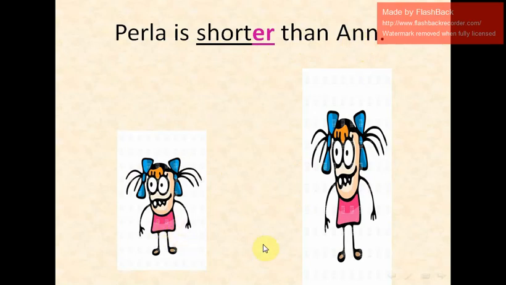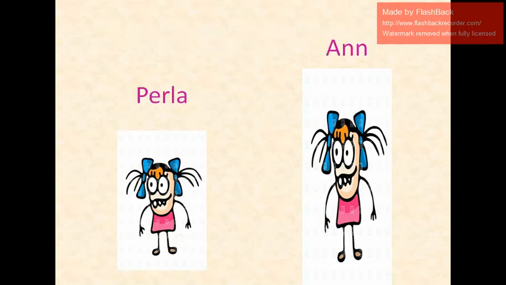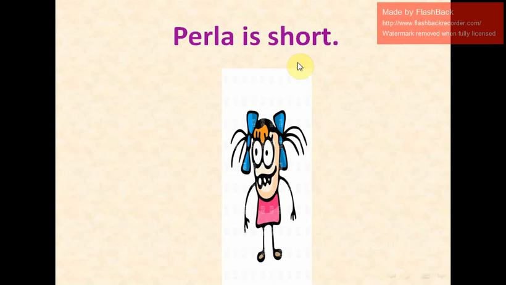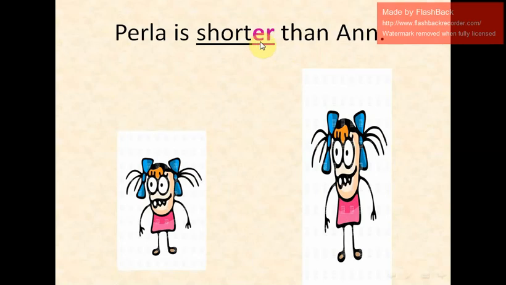Now, do you see this adjective? Is it exactly the same as this one? No, it's not exactly the same. We have only two more letters added to the adjective, er. Perla is shorter than Anne.